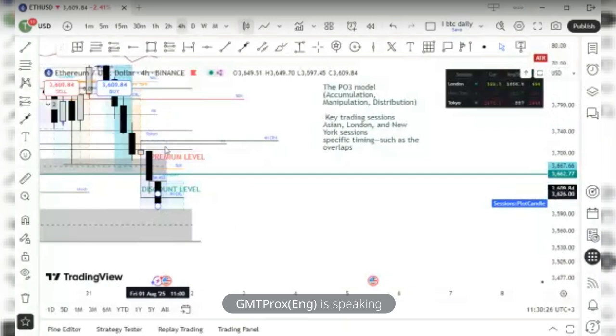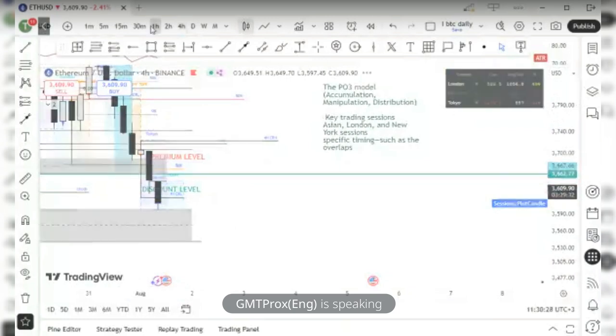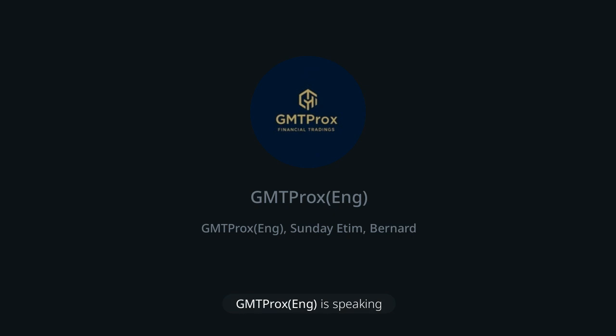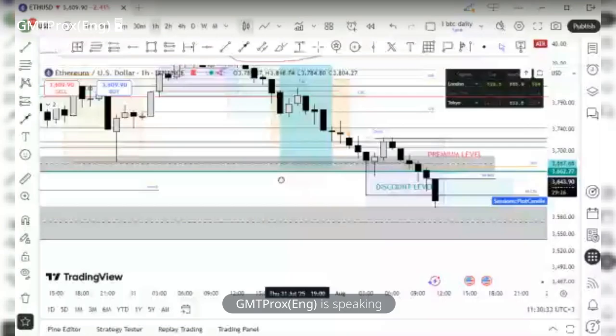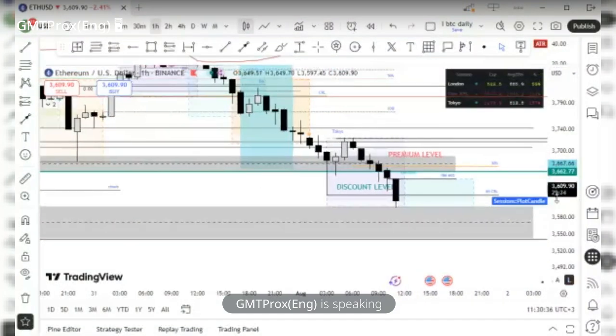If you go to the 1-hour time frame, you can see that you remain with 29 minutes for this candlestick to be done. So 29 minutes means it may come inside and create another candlestick.